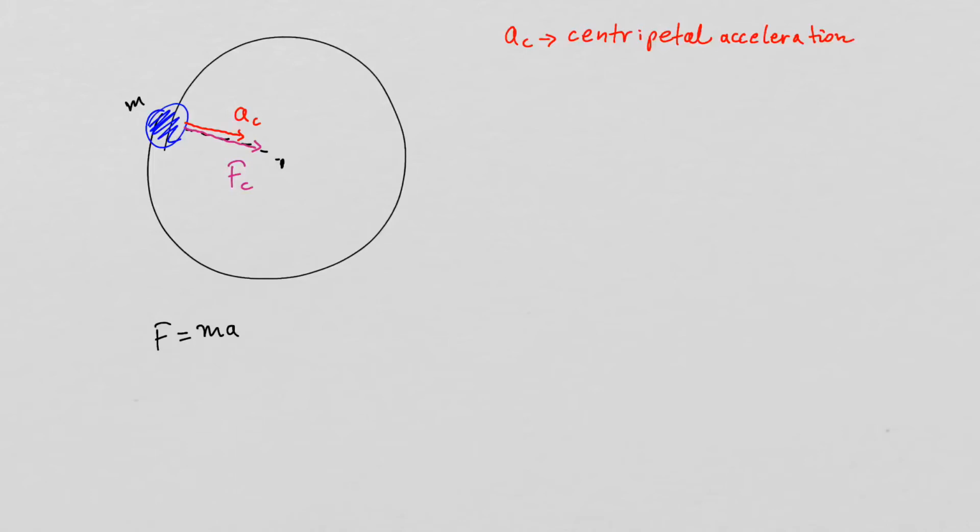So then I can write Newton's second law specifically for uniform circular motion. The centripetal force is equal to the mass of the object times its centripetal acceleration. Now remember also that this mass has linear velocity v that doesn't change in magnitude. But we know from chapter 2 that the acceleration and velocity are related.